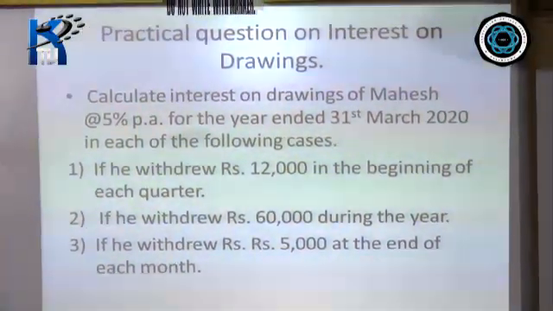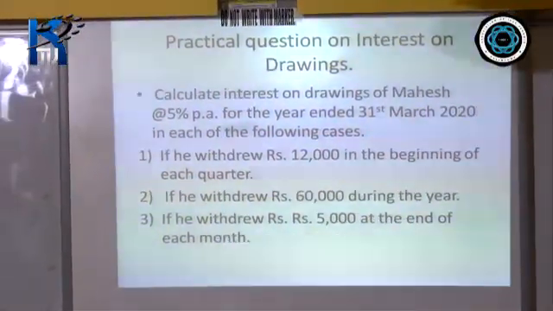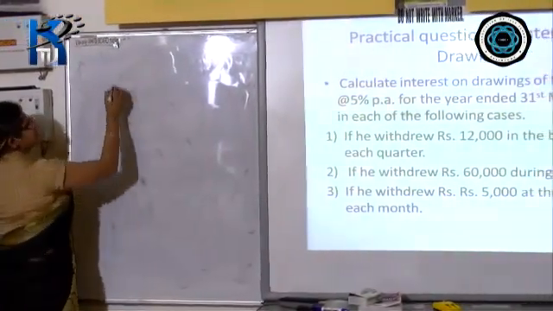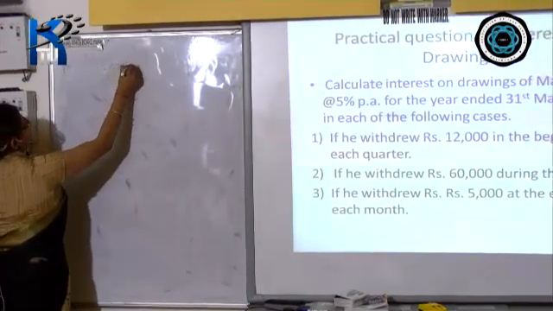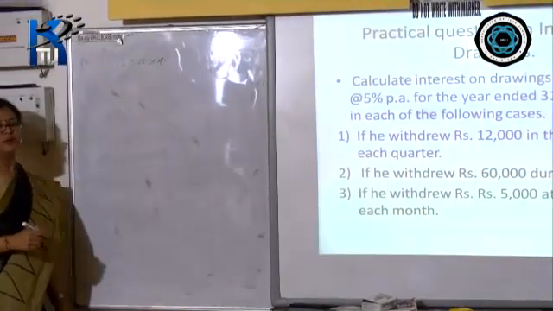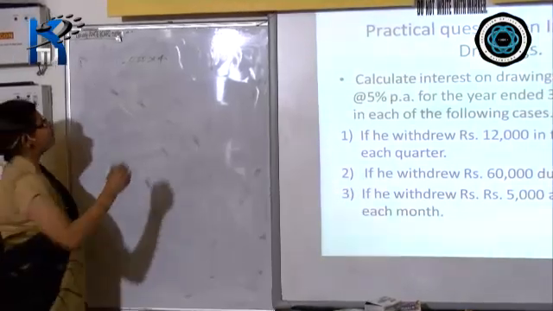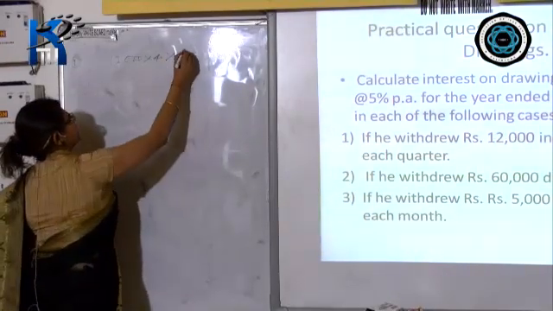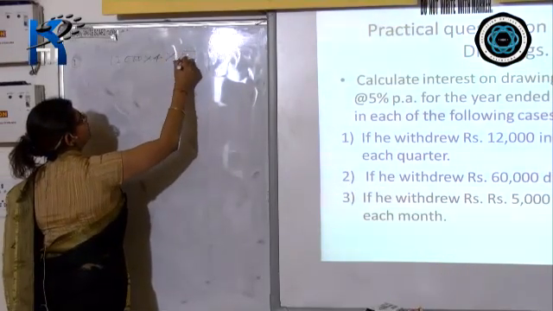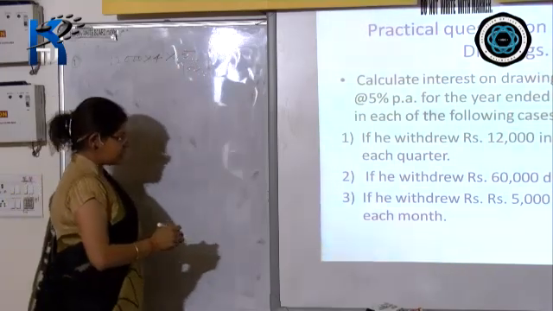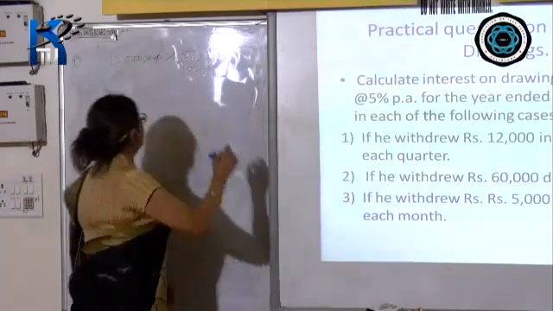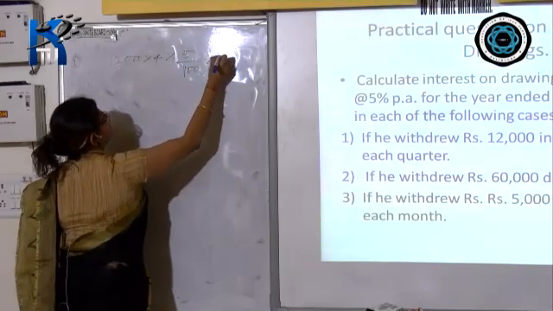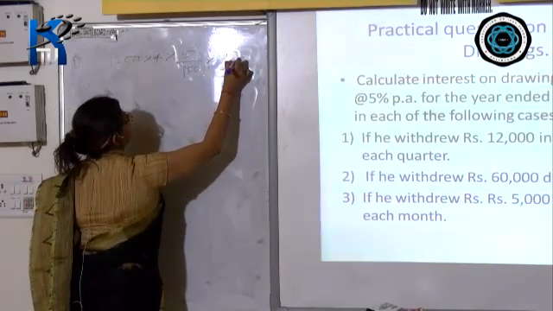The first case says, if he withdrew 12,000 in the beginning of every quarter. Now, how many quarters are there? There are 4 quarters. So 12,000 has been withdrawn 4 times during the year. So 12,000 into 4. What is the rate of interest? The rate of interest is 5% per annum. So into 5 by 100 into 7.5 by 12.